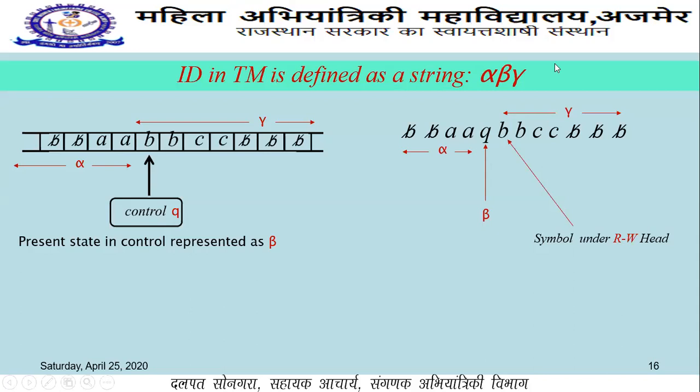So this is our Turing machine. Okay, in this scenario we can understand that the control is in q and it is reading a symbol over the input tape, that is b.